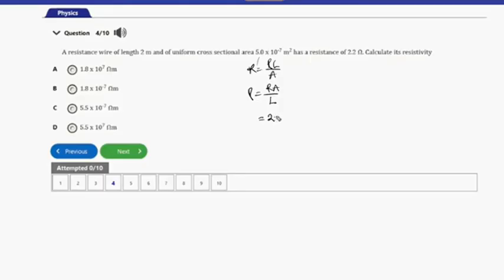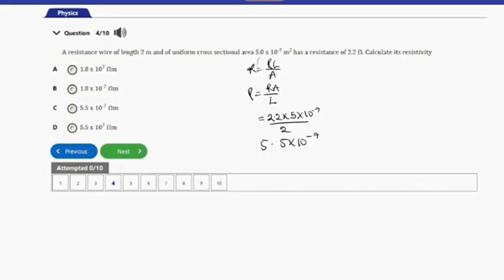So resistance, which is 2.2, times area, which is 5.0 times 10 to the power of negative 7, all over the length, which is 2 meters. Let's go ahead and calculate this and see what we'll have. So guys, the answer to this question is 5.5 times 10 to the power of negative 7 ohm meter. And that is option C for this question.